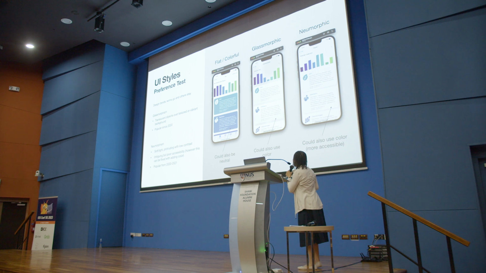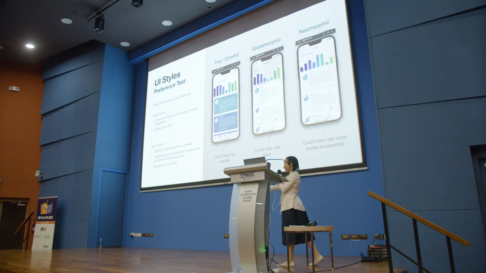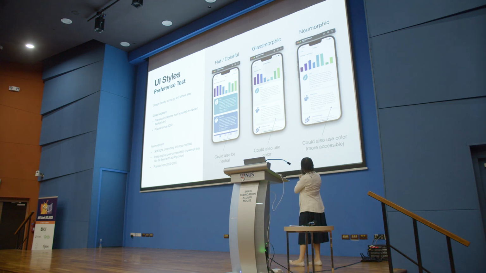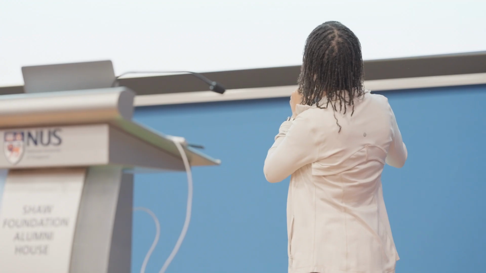Maybe just a note to add, I'm probably not doing justice to these design styles because there are things that can be done to improve the accessibility. In fact, Paul has shown some really nice tips: when you create this style, you can add color to make a neumorphic UI look a lot more accessible.